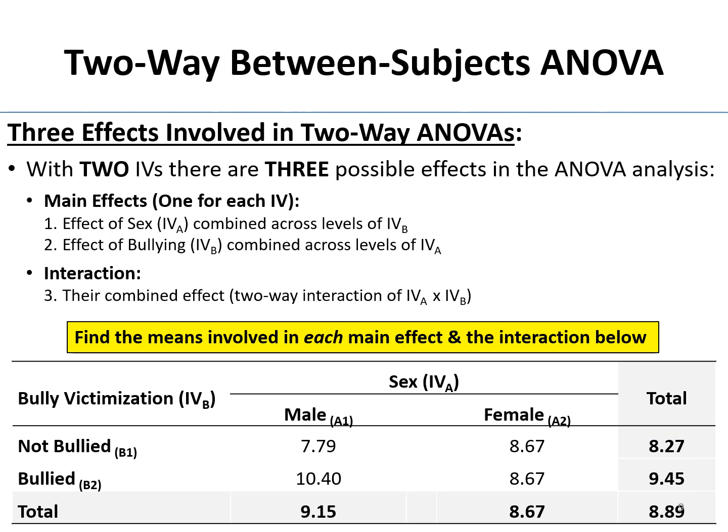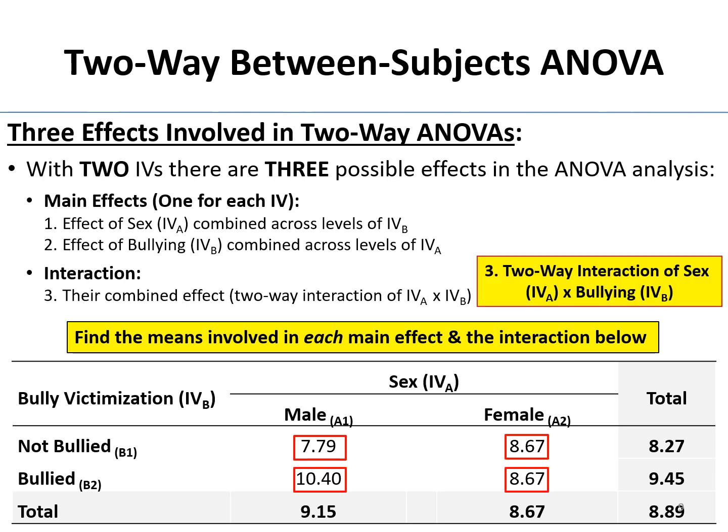So there's still a lot of means in this table, right? These other means, all except one, the bottom right-hand corner, are involved in the interaction effect. So this is where you got a 2 by 2 or 4 cells again in this design. So for your interaction, when you name a group, you have to name both variables at the same time. That's how you know you're looking at an interaction mean.